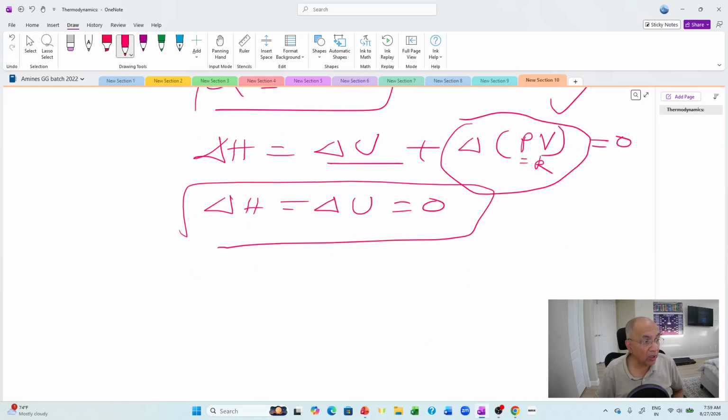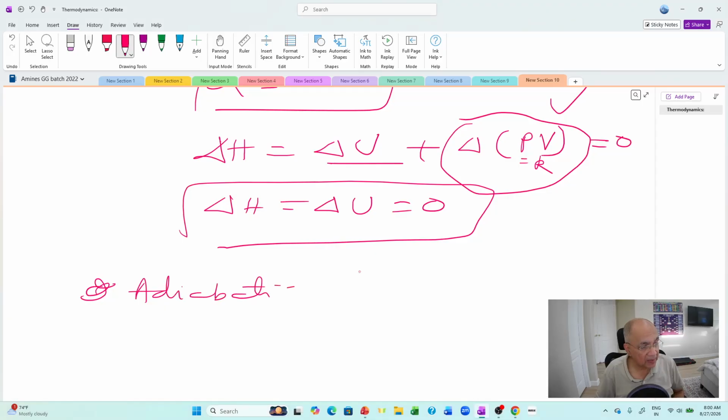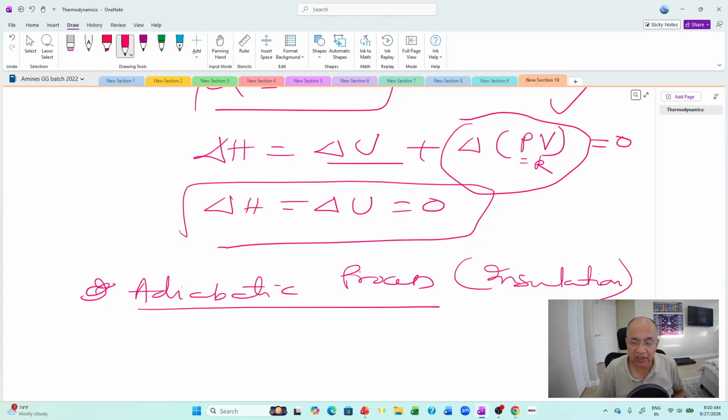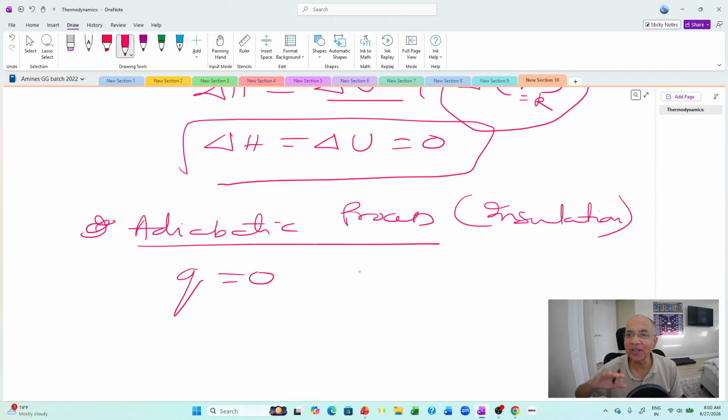Then, coming immediately, we shall take adiabatic. Done under insulation, that is called an isolated system. Adiabatic process, and there Q is equal to 0. There is no heat transfer.